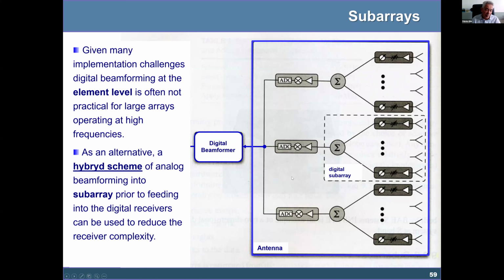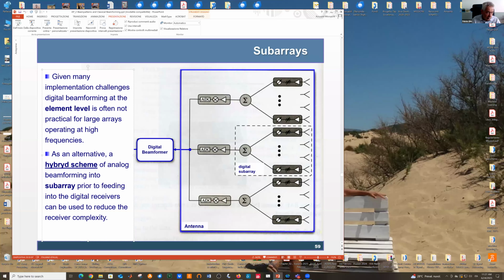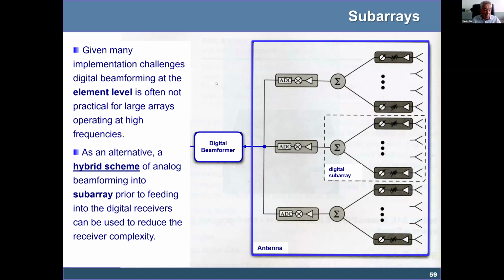So we do digital beamforming at subarray level. This kind of scheme is called hybrid.